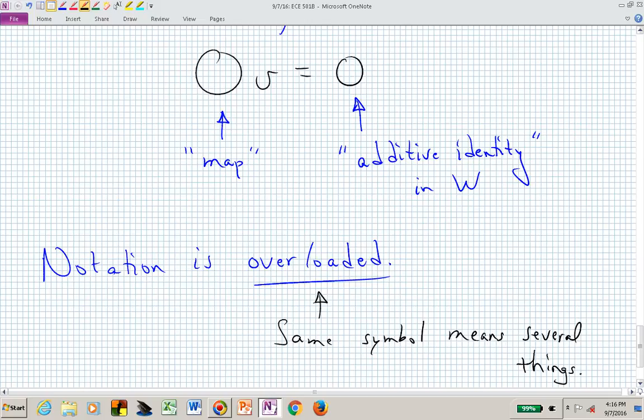That means V maps uniquely to 0. V1 has a unique map to 0. V2, you take out a capital V, that has a unique map to 0. It just depends what your output vector space is. That will define what 0 on the right represents.